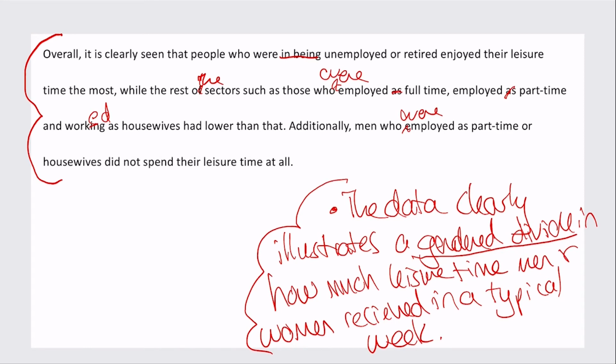What this candidate has done is quite typical: they list out the information from the chart rather than give an overview. For example, they're focusing on employment.